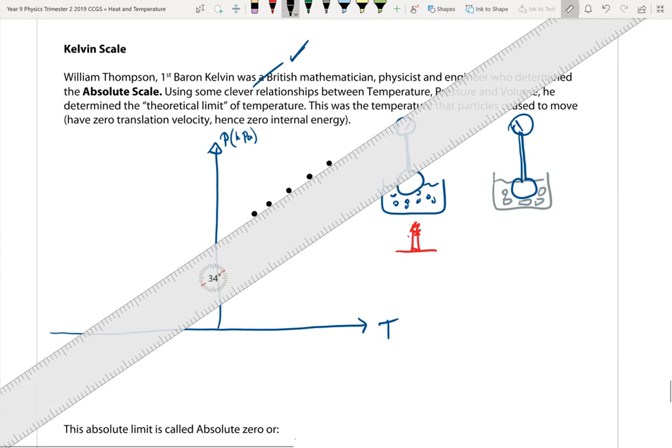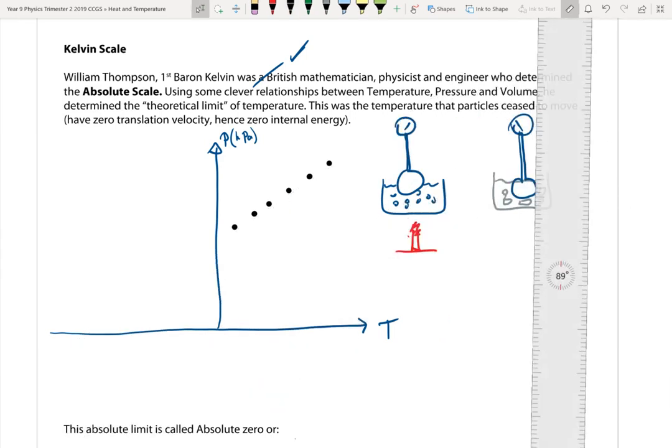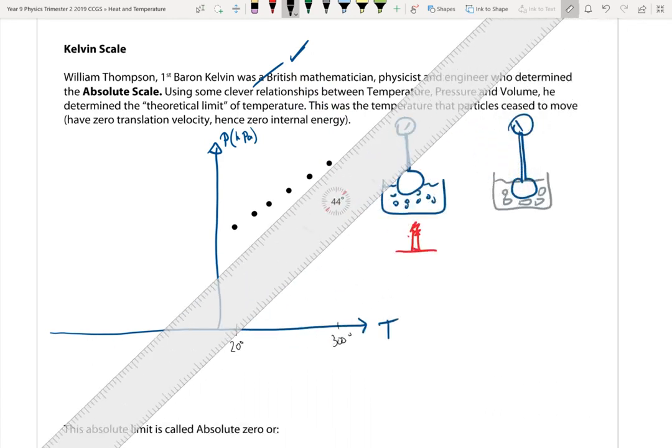All of these dots, no matter how he varied the temperature, were linear. All right? And you know, he might have gotten down to maybe, let's say, 20 degrees. And then maybe he got up as hot as, I don't know, 300 degrees. So he had his data.